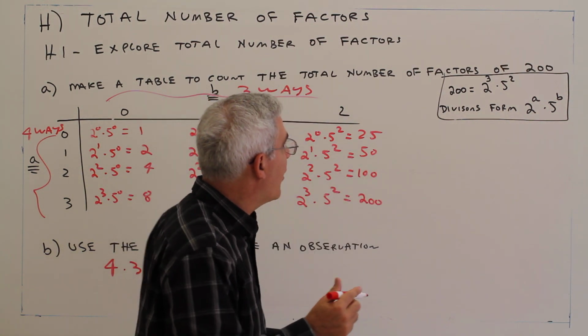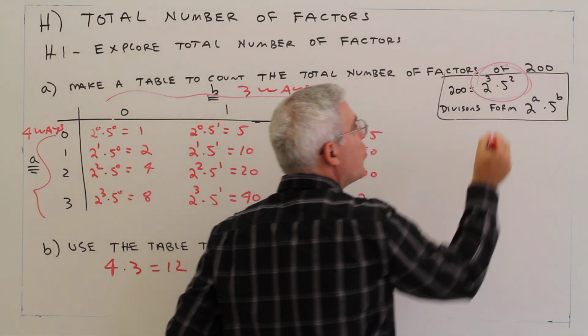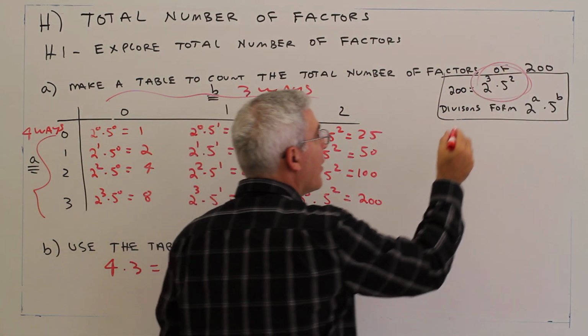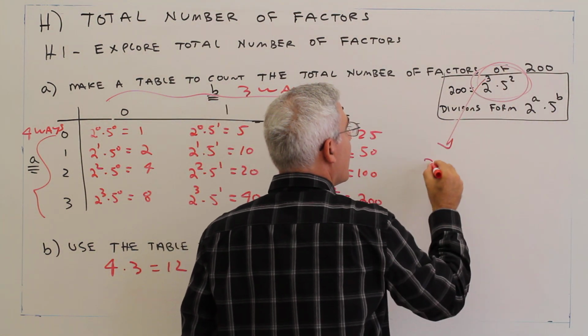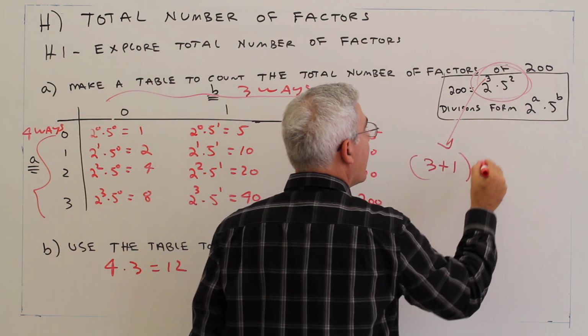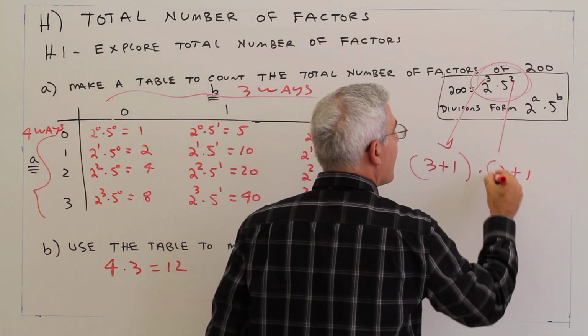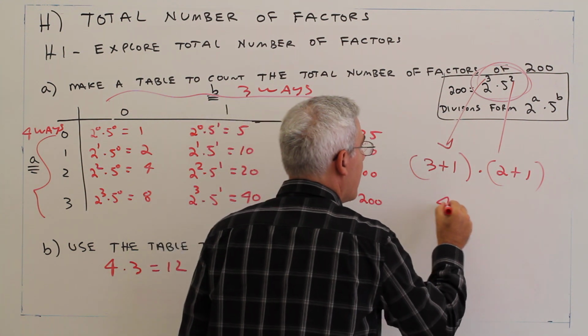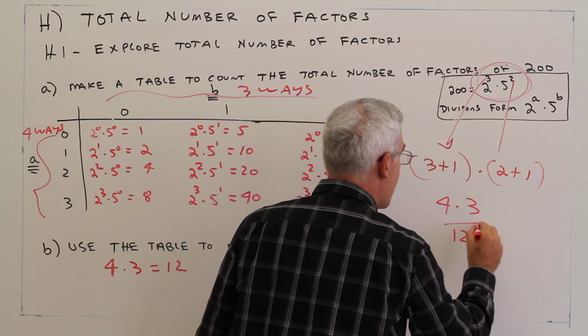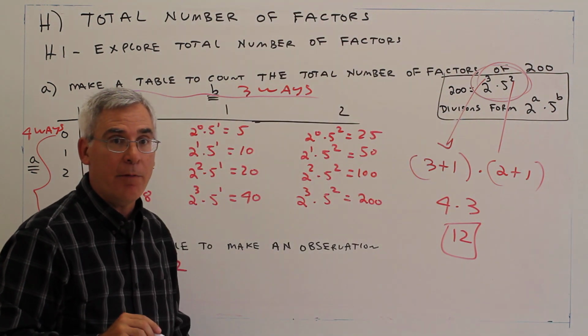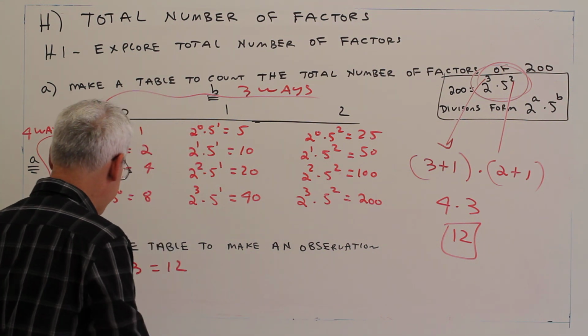Okay, so in this particular problem, since I had 2 cubed times 5 squared, all I'm going to do is say 3 plus 1 times 2 plus 1, or 4 times 3, to get my answer of 12. So here's the rule.